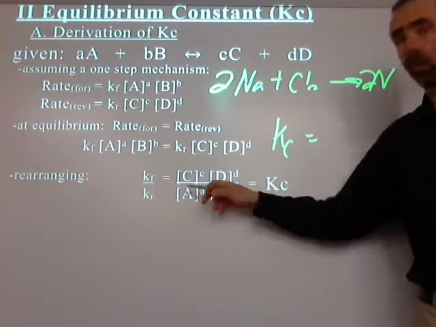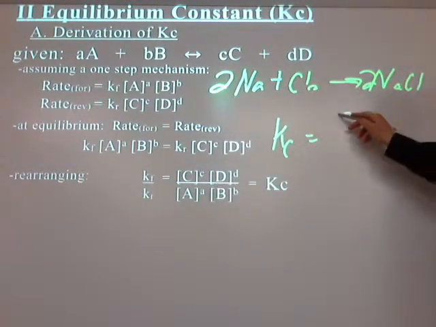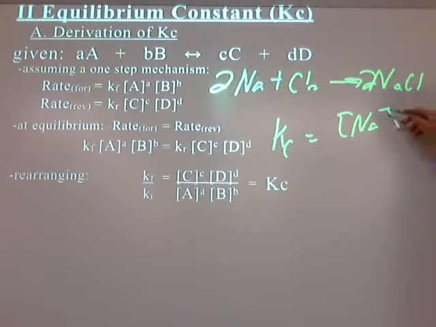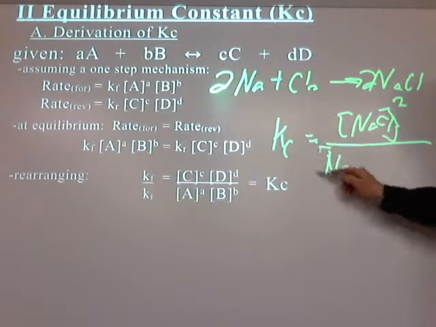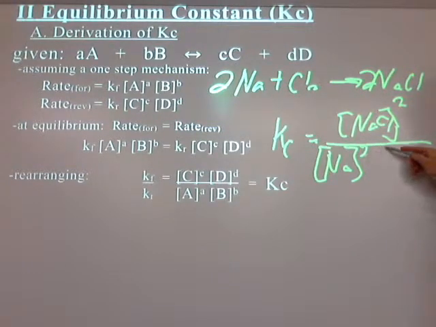It's the products over the reactants, right? So wouldn't it be Na with Cl raised to the second power over Na to the second what? To the first, right? Everybody agree? It's products over reactants. That's all you have to do for these. It's going to take you about 10 or 15 minutes, maybe however much time you have left in this period, to do that. All right?